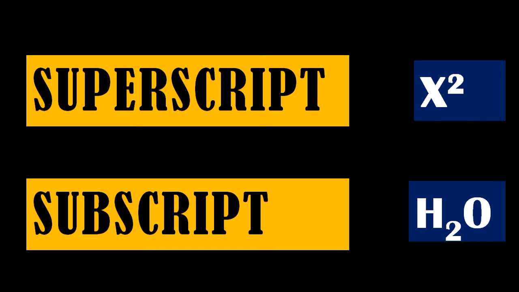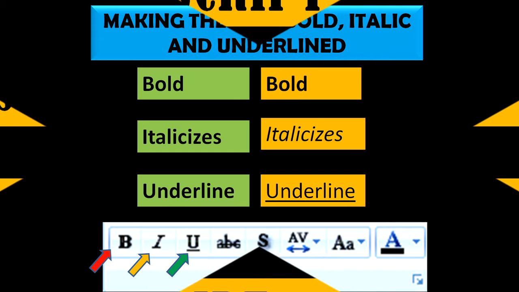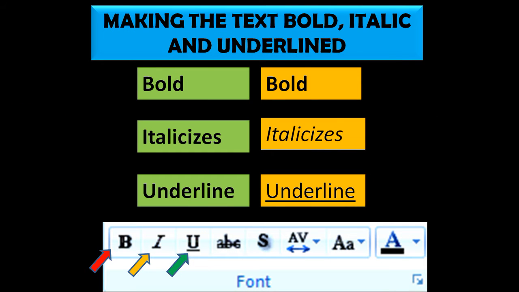Just go to the Home tab. In the Font group you will see this feature. You will see the icon of x to the power 2, and there you can apply the superscript or subscript.